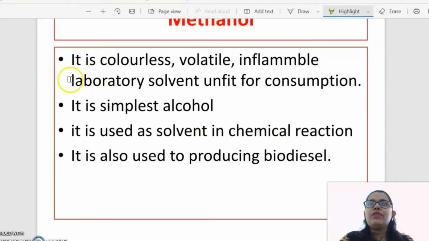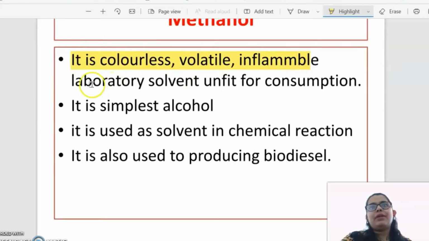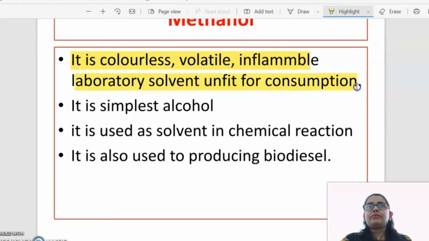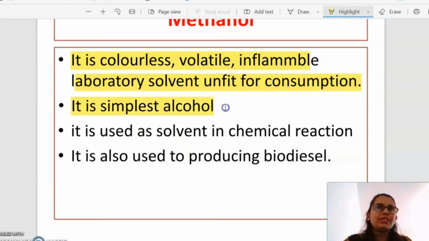I will go with the first point: it is a colorless, volatile and inflammable laboratory solvent, unfit for consumption. This is not for consumption purposes, which means you cannot drink it. It is used in laboratories and for experiments. It is the simplest alcohol.